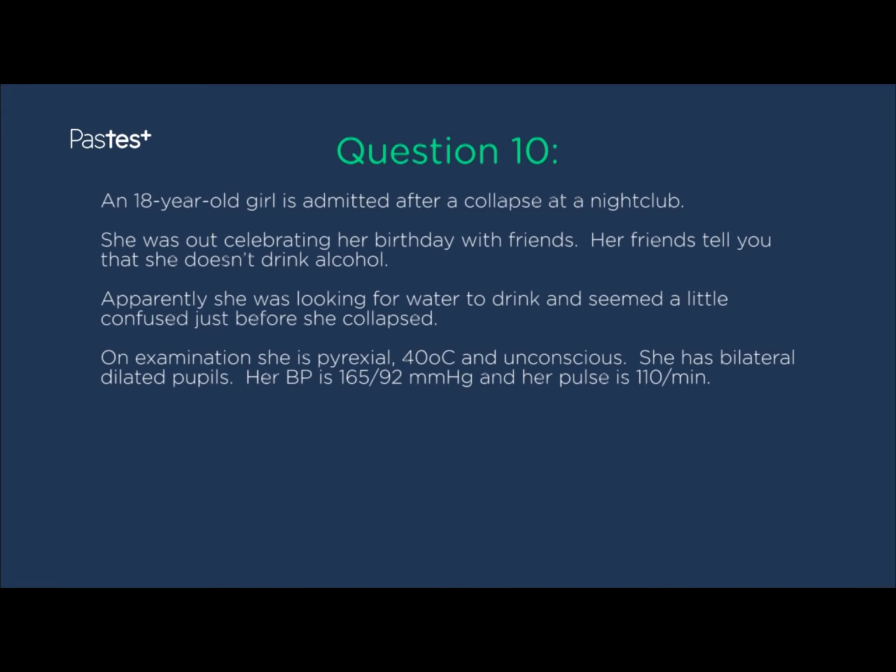Now for question number 10. An 18-year-old girl is admitted after a collapse at a nightclub. She was out celebrating her birthday with friends. Her friends tell you that she doesn't drink alcohol. Apparently, she was looking for water to drink and seemed a little confused just before she collapsed. On examination, she is pyrexial and unconscious. She has bilateral dilated pupils. Her blood pressure is high at 165/92 and she's tachycardic.